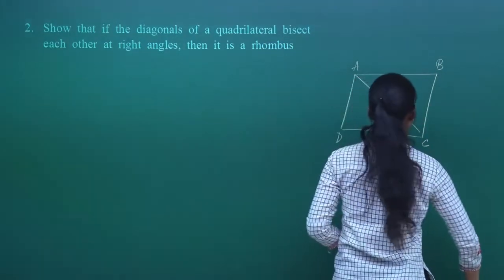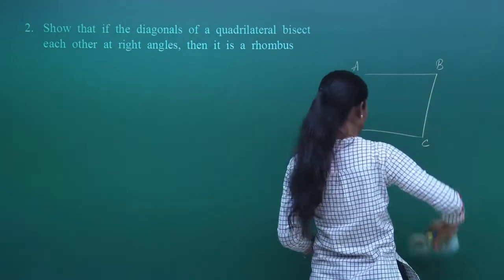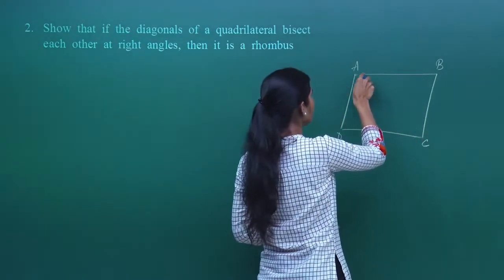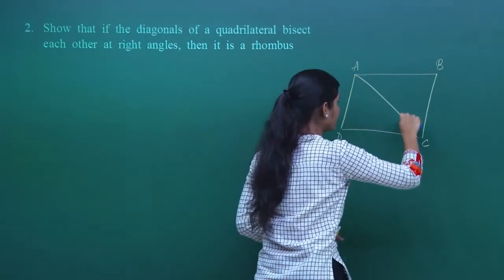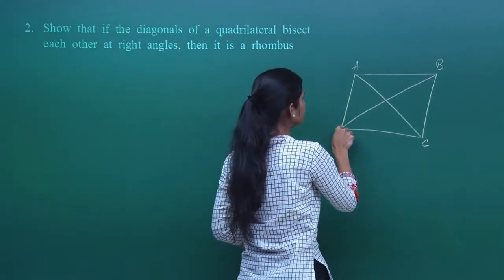These are the respective diagonals. The diagonals would be AC and BD.